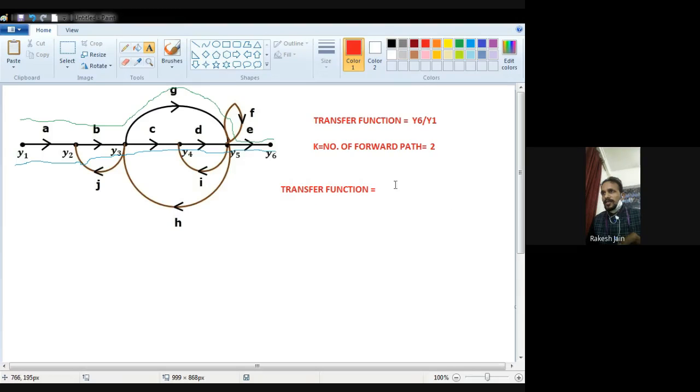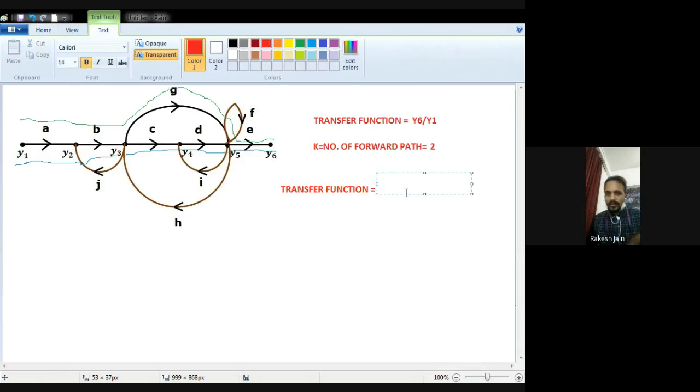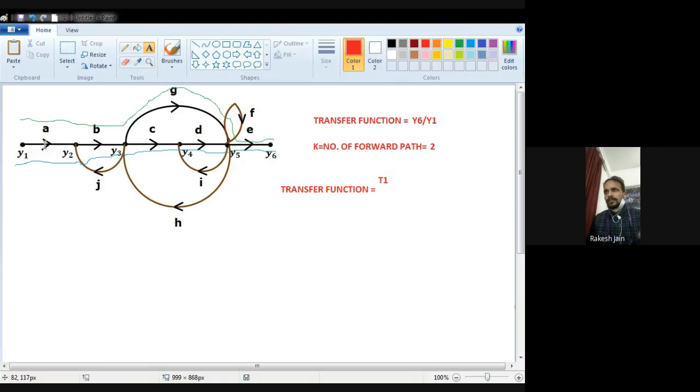Your transfer function is equal to the sum of Tk del k, that is T1 del 1, just wait for a while.